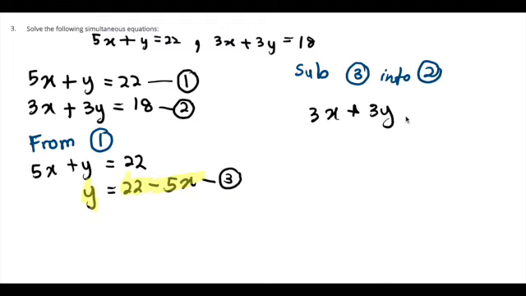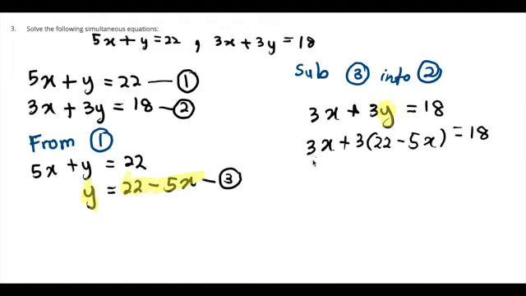So write down equation 2 again. 3x plus 3y equals 18. And we want to change y into 22 minus 5x. So expand: positive 3 times 22 is positive 66.